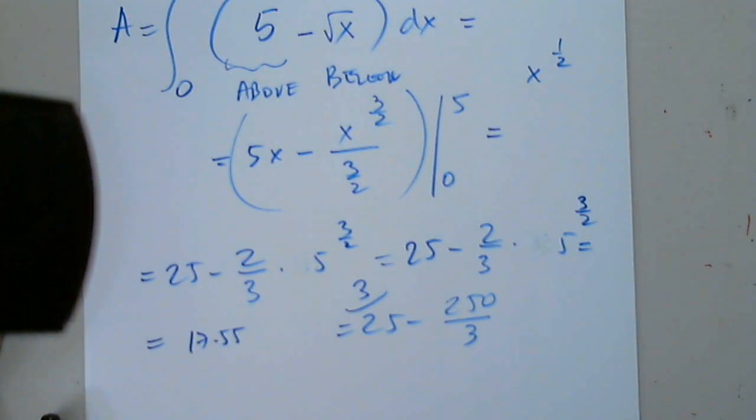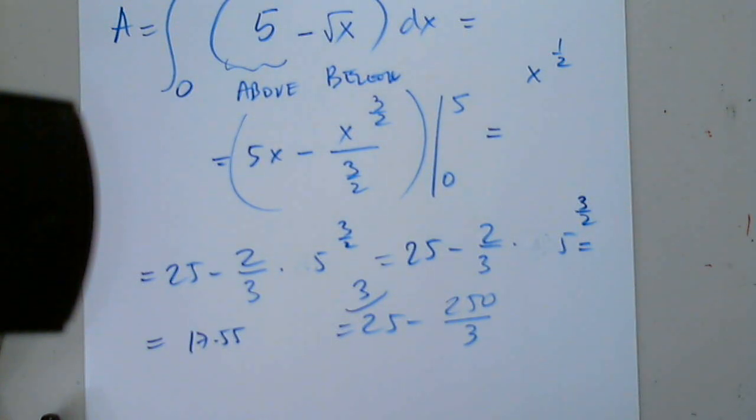And it has to be this, whatever this is. If it's not, then I have to go back to the, 5 times 5 is 25, 2/3, and 5 to 3/2. 25 minus 2/3, 5 to 3/2. So it was 5, yeah.